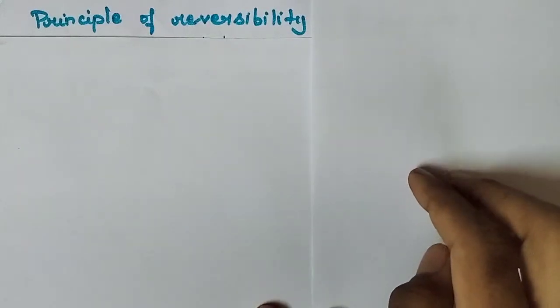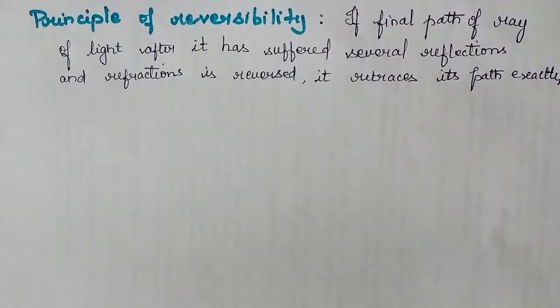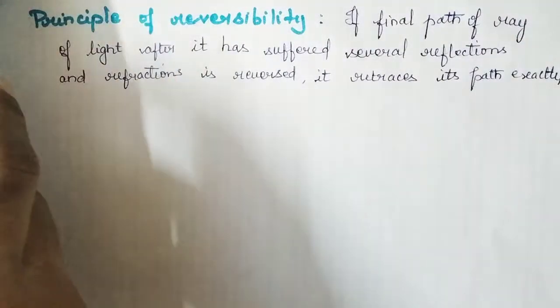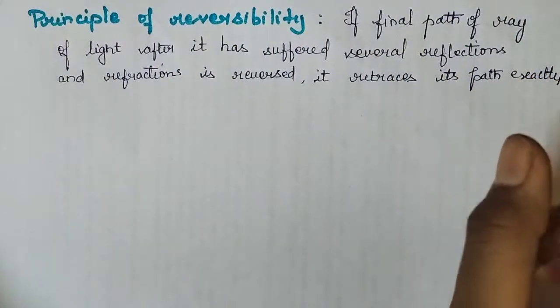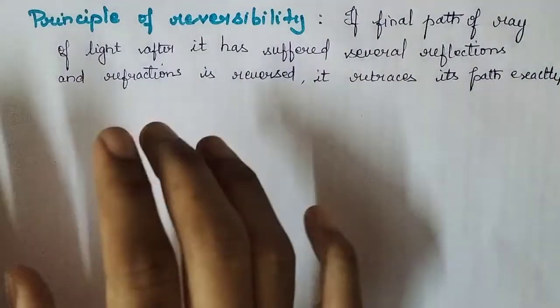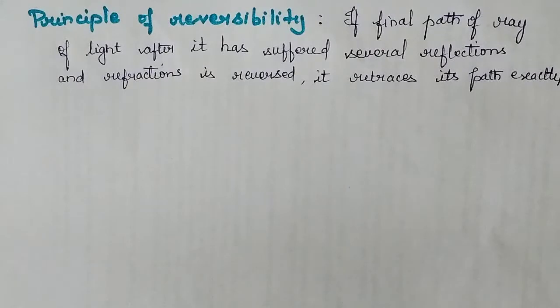Okay, first before entering into the derivation, we should first be clear with the definition. So now it is the definition. If the final path of a ray of light after it has suffered several reflections and refractions is reversed, it retraces its path exactly.